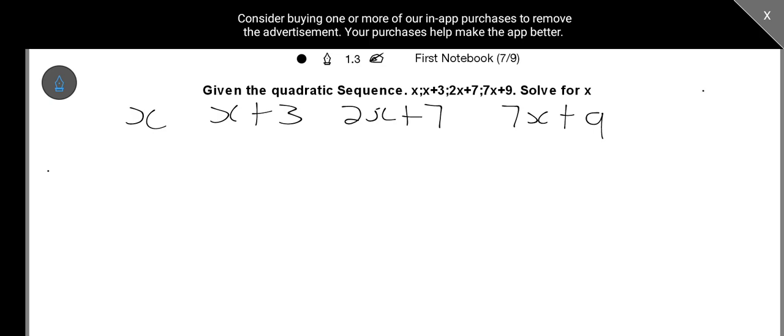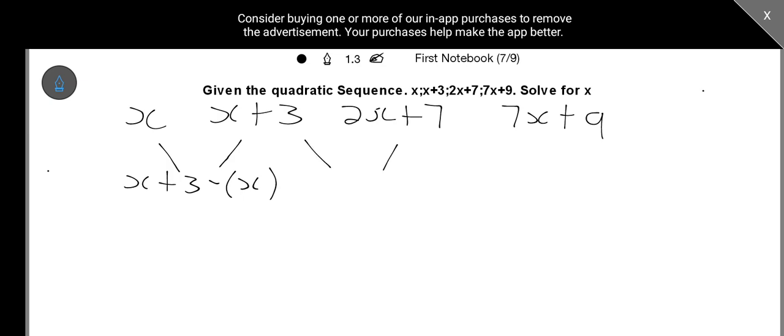Remember, to get the first differences, we have to say t2 minus t1. t2 in this case is x plus 3. And we're going to say x plus 3 minus, whatever you subtract, you place it inside the brackets. It's x plus 3 minus x.